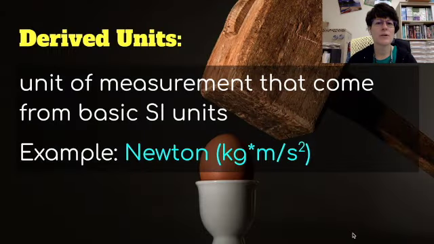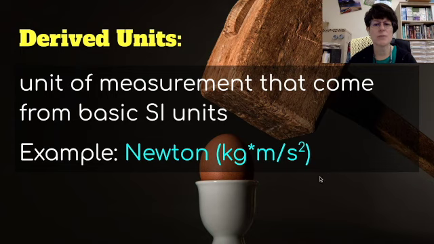Now, we also have what are called derived units in SI, and this is a unit of measurement that comes from basic SI units. An example is the Newton, because the Newton, if we were to write it out, is a kilogram meter per second squared. So that is a derived unit because it's made up of other fundamental SI units.